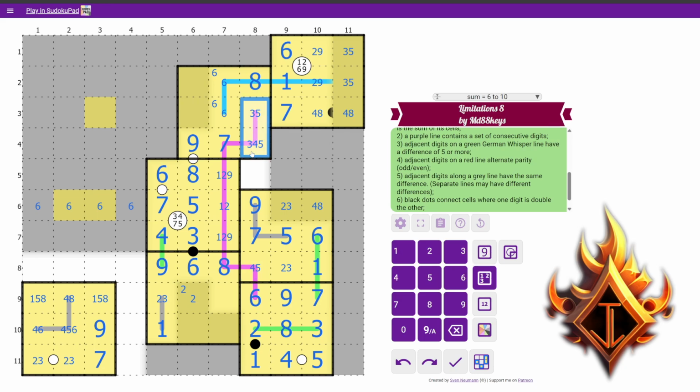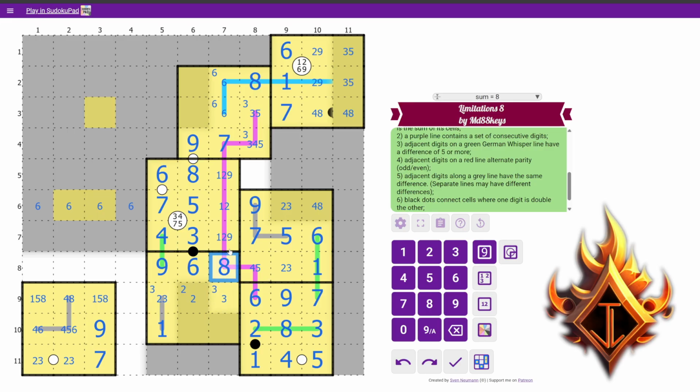So 3 is in there. And 3's in there. 3 is in one of those.